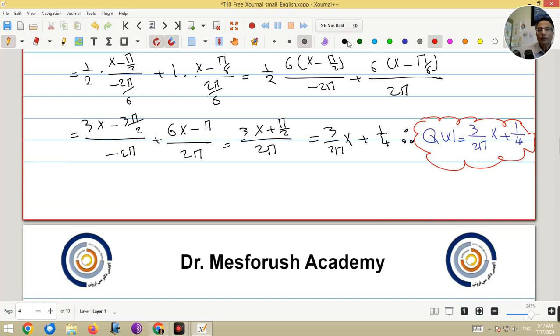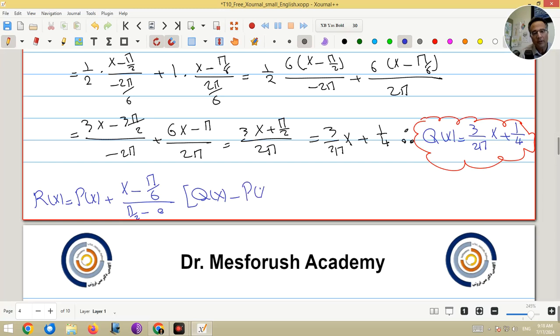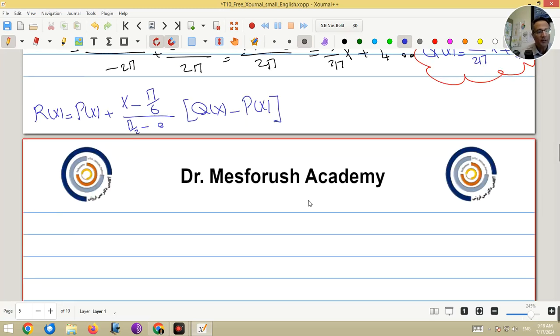Now we can use the formula R of x equal to p of x plus (x minus x1)(x minus x2) over (π over 2 minus 0) times (q of x minus p of x). Let me continue in the next page.